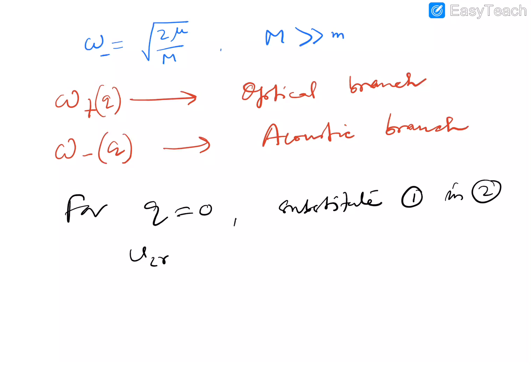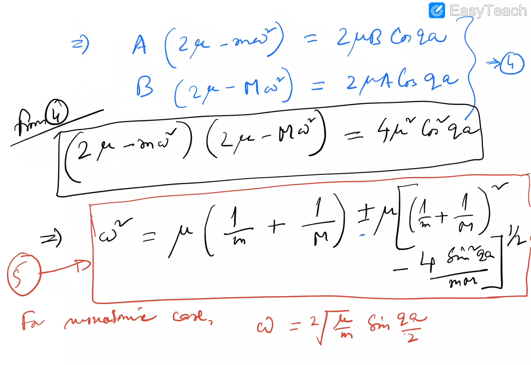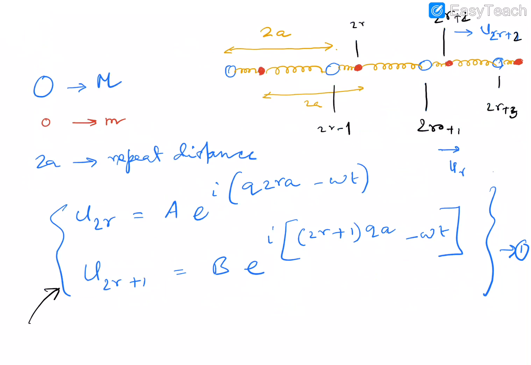So let us write u2r for q equal to 0. It is a e to the minus i omega t, and here also for q equal to 0, this is b. That means u2r equals u2r plus 1.